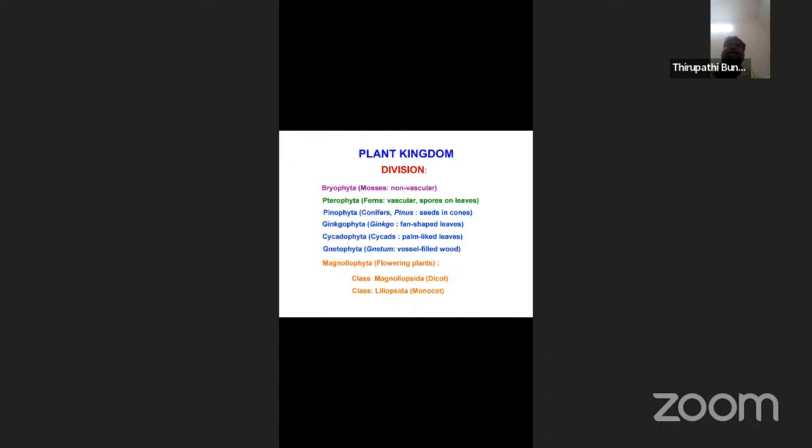Magnoliophyta means flowering plants, again divided into two categories, that is dicots and monocots.